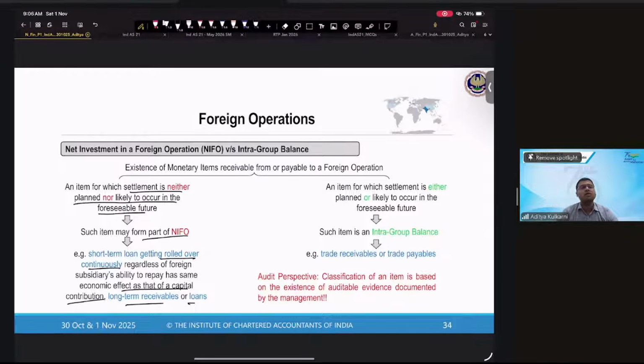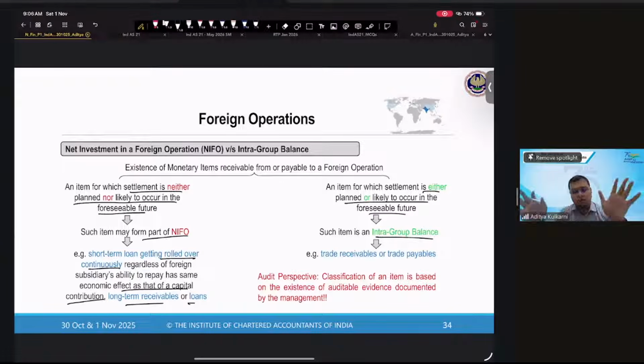These are all not typically what I would call NIFO, because these settlements are planned and they are happening, or they are going to happen, or they have already happened. So these items are called intra-group balances. These are called within the group balances. This is an item for which settlement is planned or likely to occur in the foreseeable future.